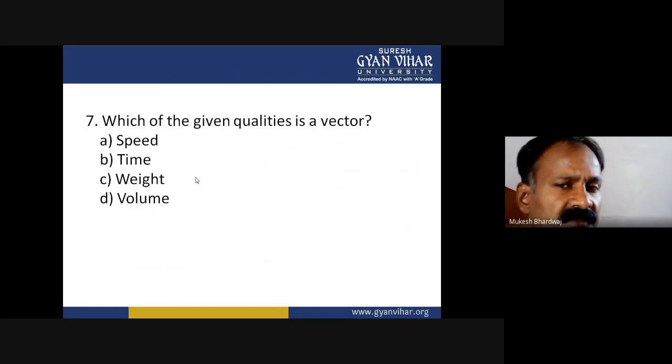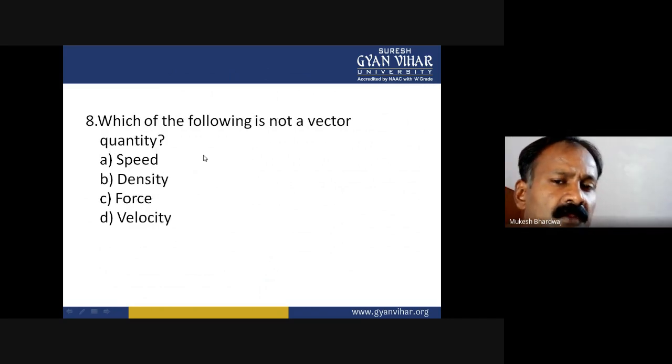So speed has a vector quality. Which of the following is not a vector quantity? Speed, density, force, velocity. So speed is not a vector quantity.